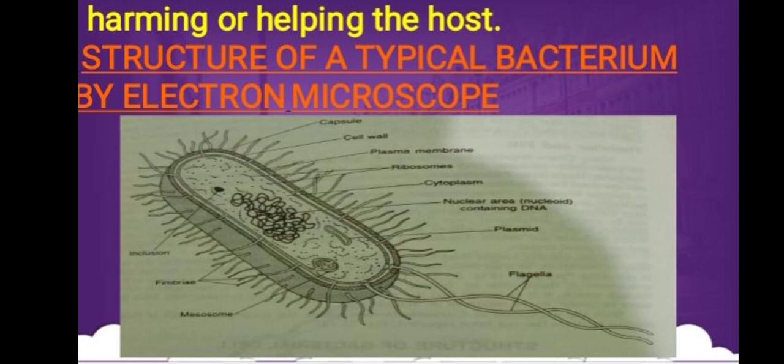The cytoplasm contains vacuoles, granules, and in very few cases some green pigment as well. Sometimes a slimy protective layer called capsule is present outside the cell wall.